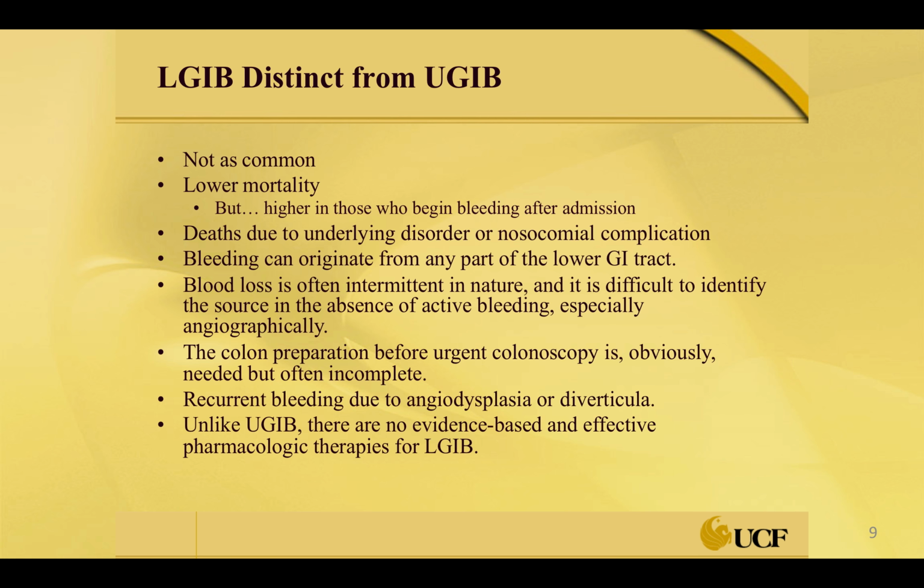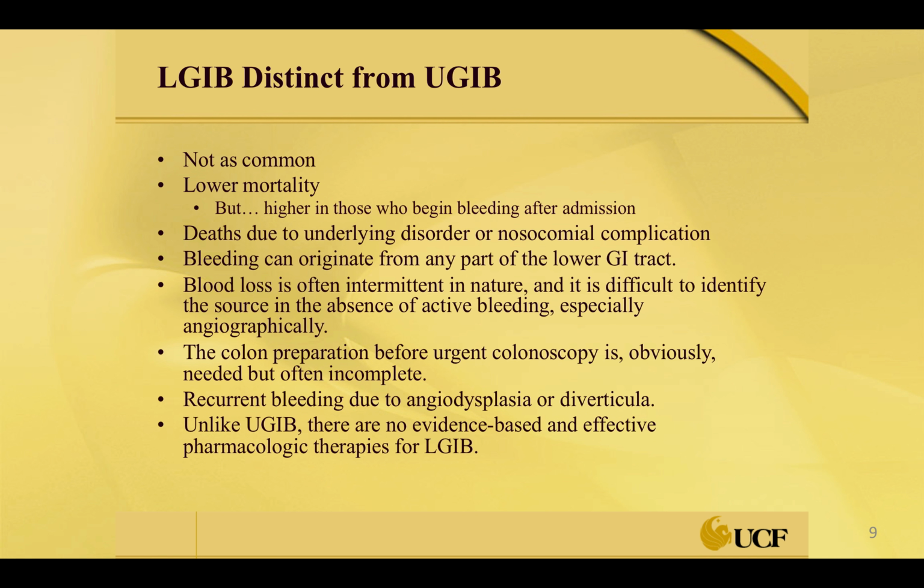LGIB is distinct from UGIB, obviously because of the location, also because it's not as common, has lower mortality, but is higher in those who begin bleeding after admission. Death occurred due to underlying disorder or nosocomial complication.